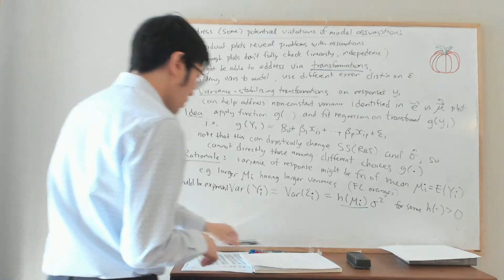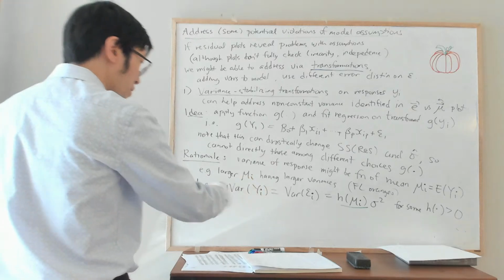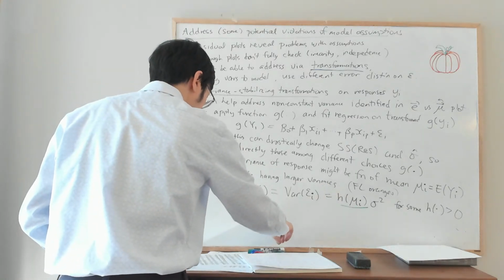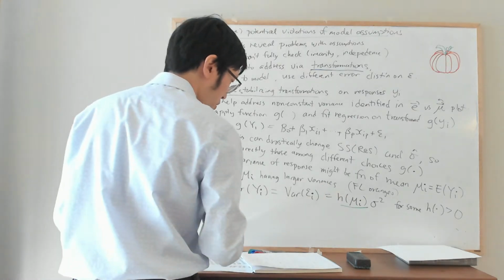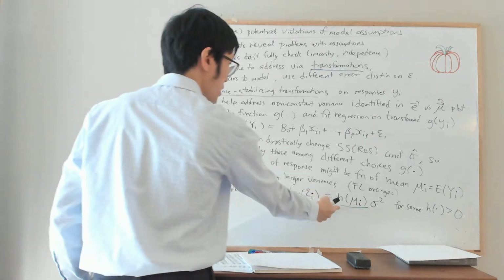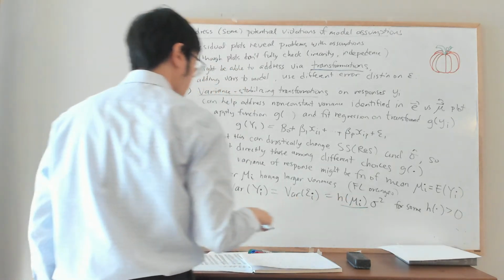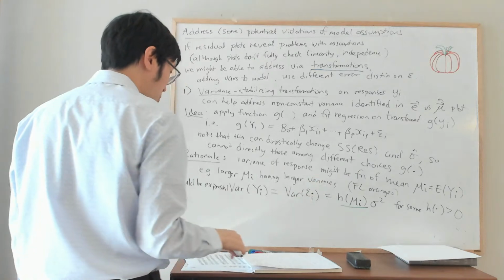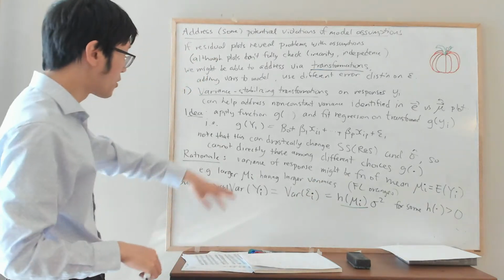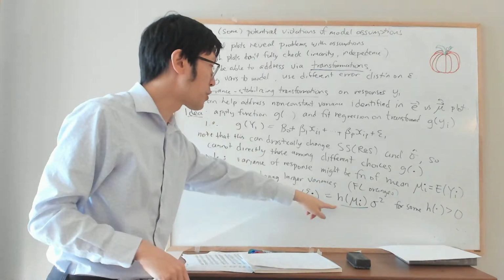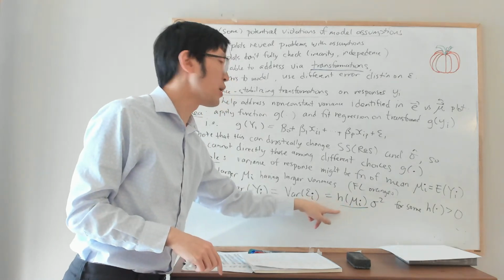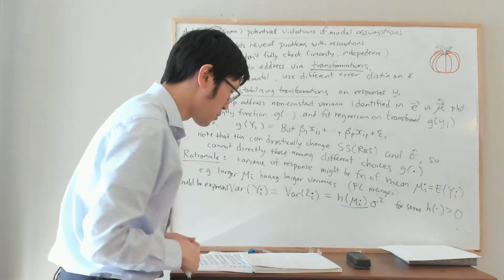If we can express the variance in this form, then we want to find the transformation g. Variance maybe increases with the response, so we transform y to account for this term and basically cancel it out. That's our strategy.